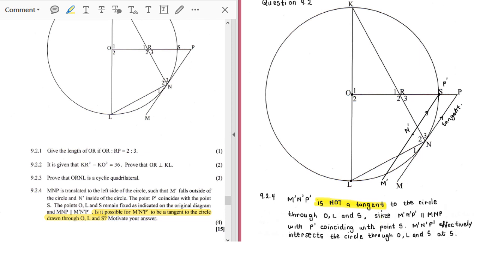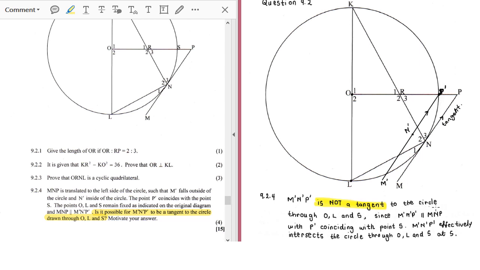Because this new position, M prime N prime P prime, is actually parallel to the old tangent MNP. And also another thing that is happening over here is that the point P prime coincides with the point S. So over there, for the point S, if we write this properly, what we actually have is that on top of this point S, at exactly the same position, you actually have P prime.